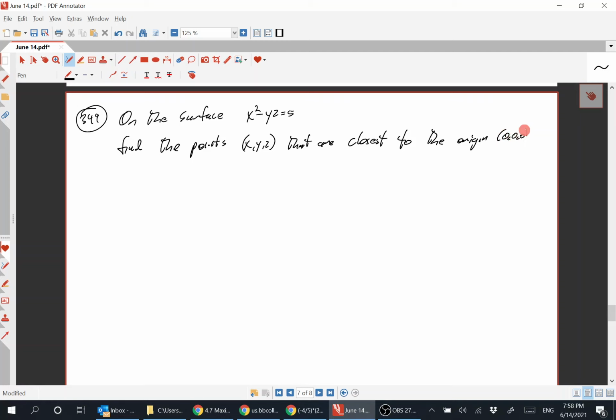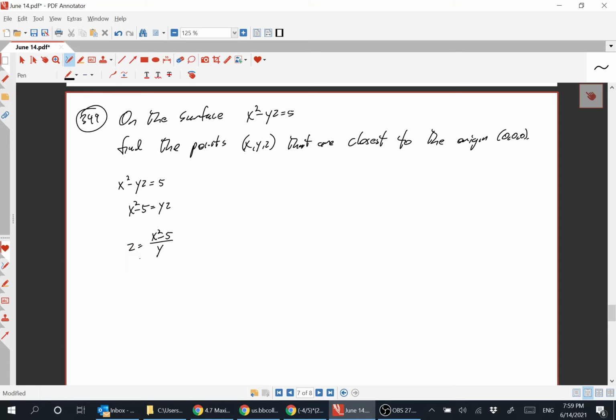right? 0, 0, 0. Well, on the surface, we can boil this down to a two-variable function. So x squared minus yz equal to 5 becomes x squared minus 5 equals yz. So z is equal to x squared minus 5 over y.